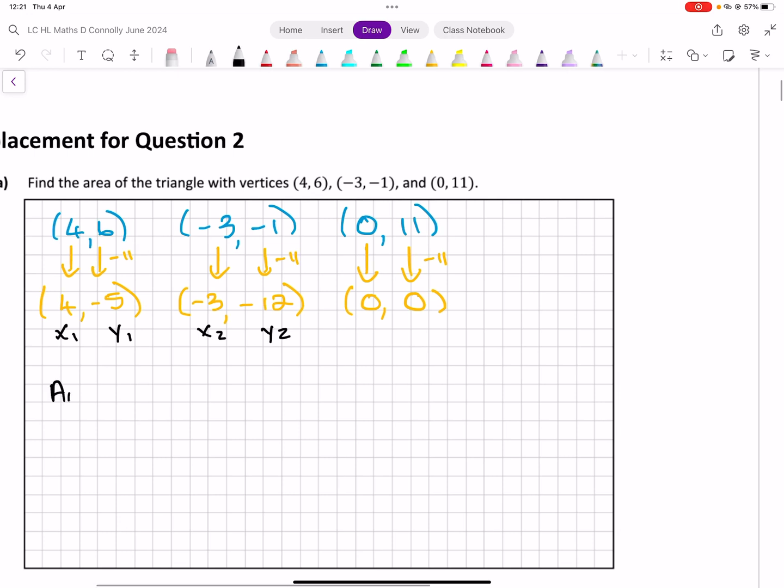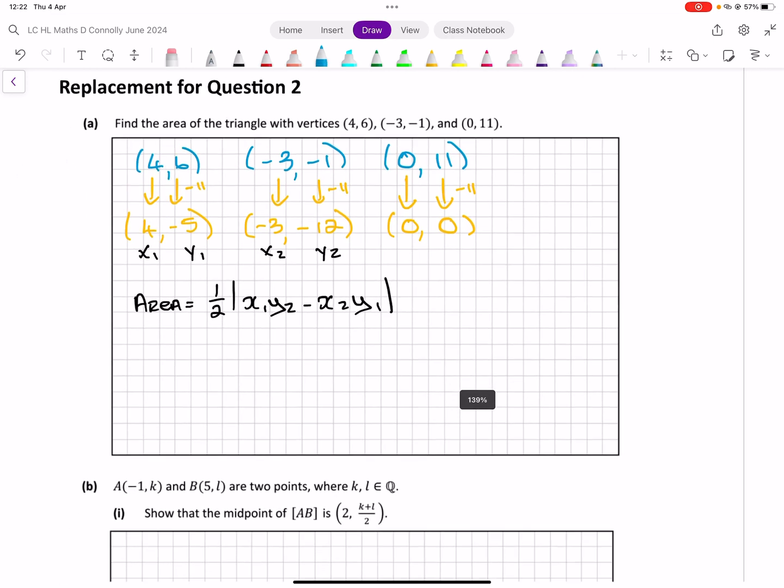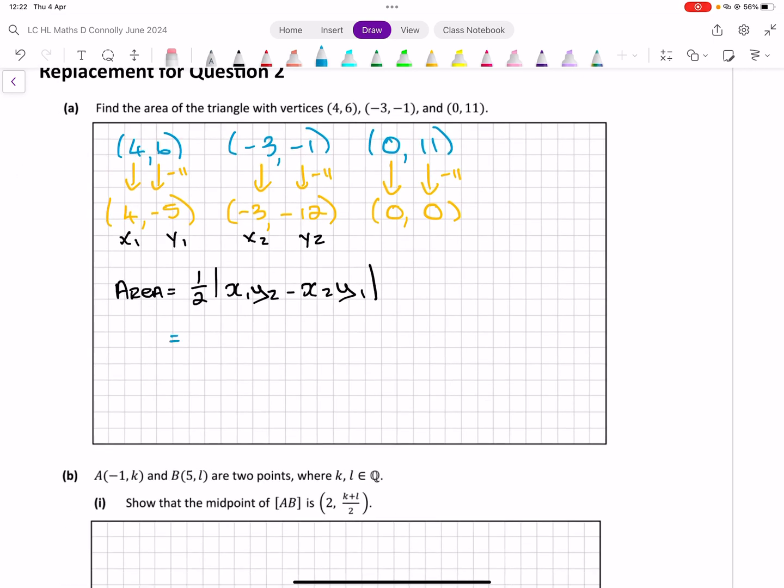And the area is a half x1, y2 minus x2, y1. I just looked that up a minute ago, so it came up in the last question, I think. So x1 is 4, y2 is minus 12, minus x2 is minus 3, y1 is minus 5.